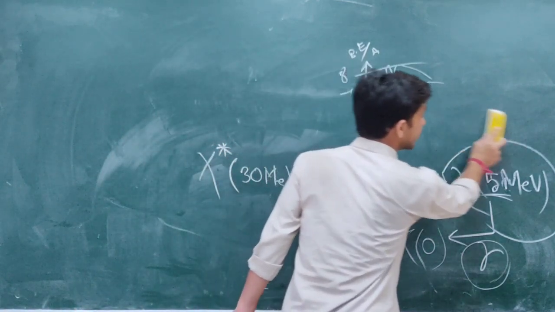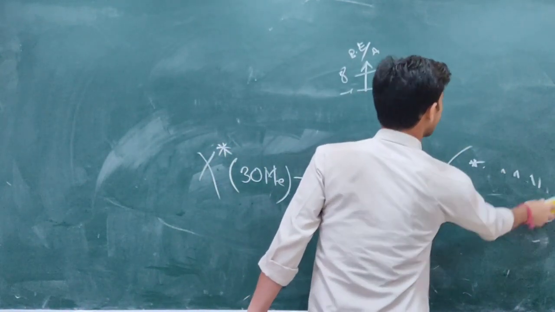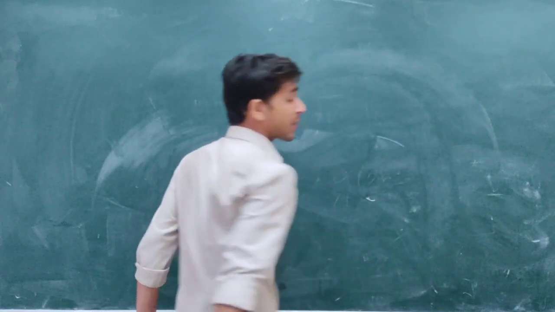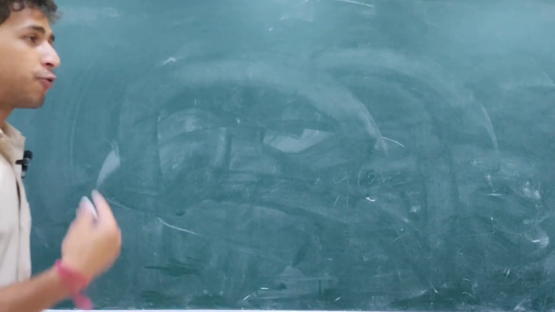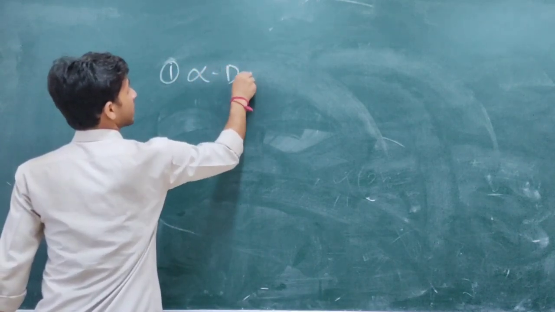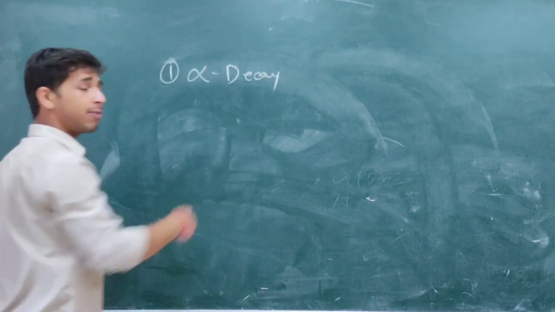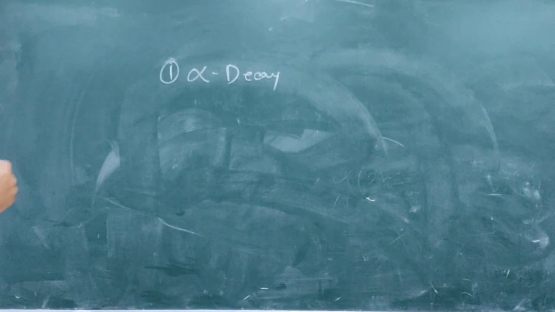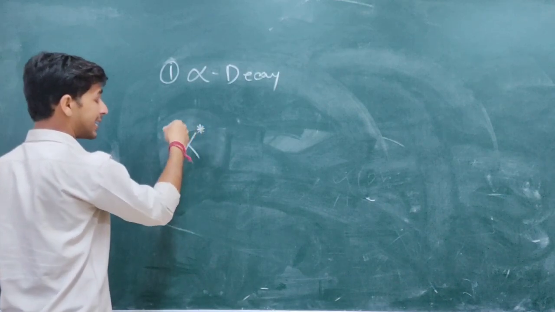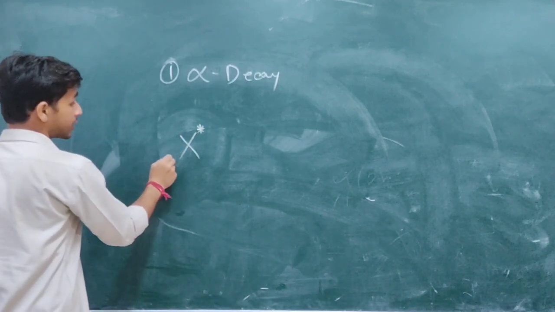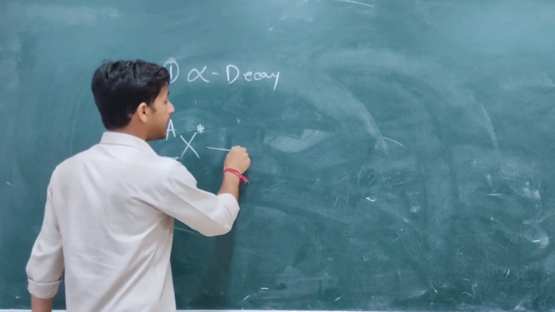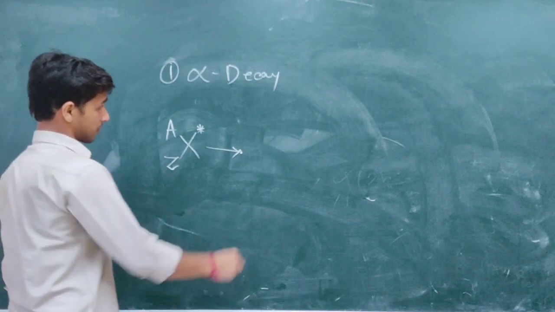Now we will be discussing alpha decay, which is a particle decay in nuclear physics. So alpha is a particle which will be emitted when a nucleus, let's say a nucleus at its excited state with proton number Z and mass number A, emits an alpha particle.